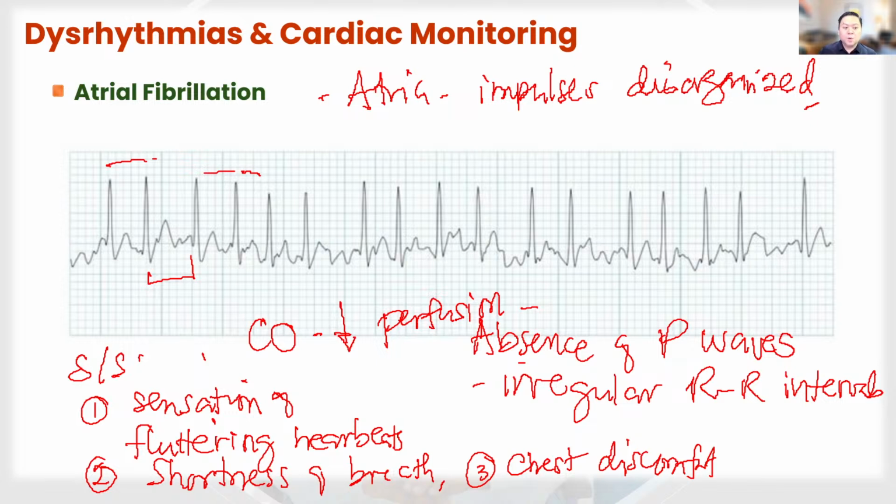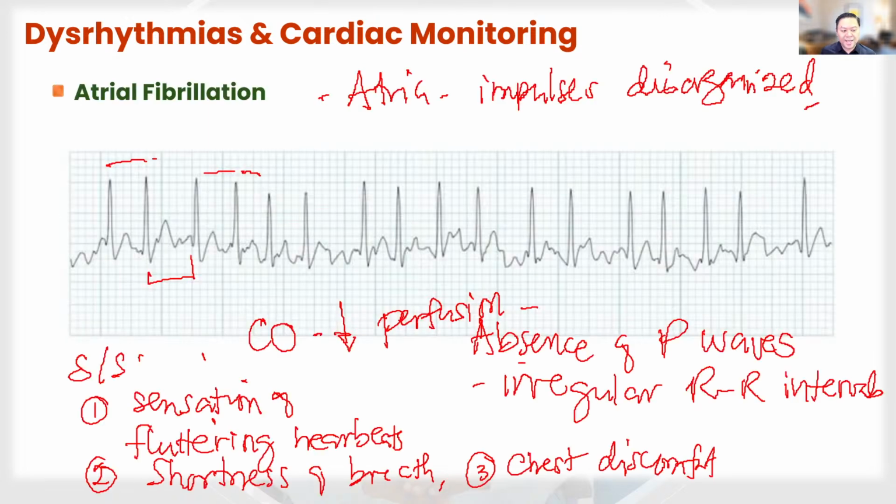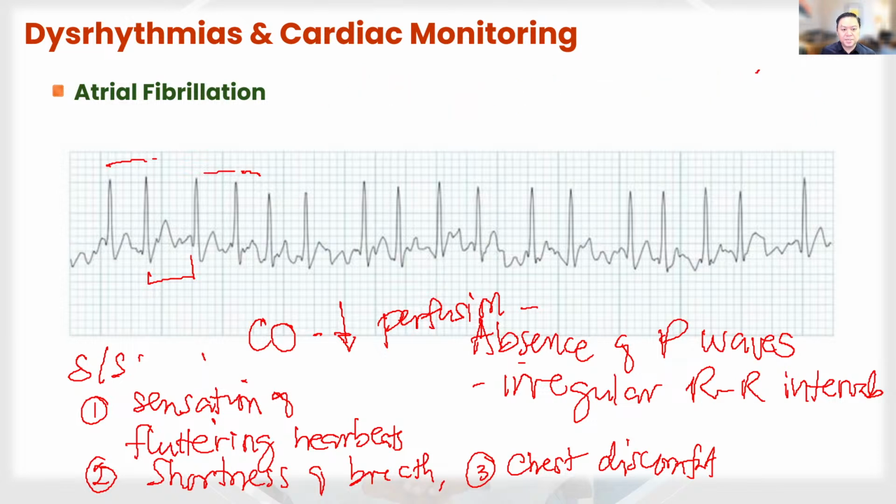Now, what would be the possible complications when the patient has AFib? What do you think the complications are? Remember what I said in the previous topic the other day on atrial fibrillation. It can cause pooling of the blood, or stasis of blood, in the upper chambers of the heart.